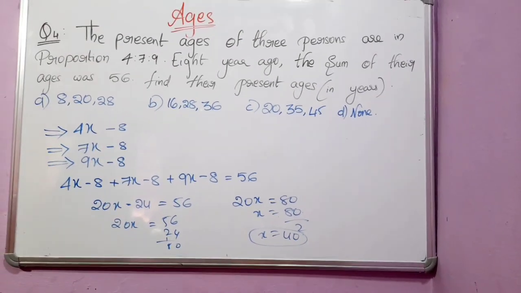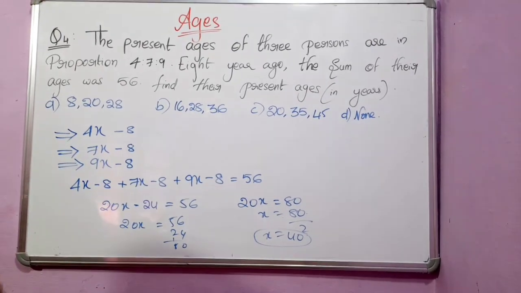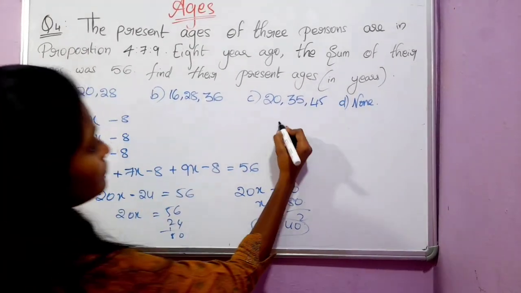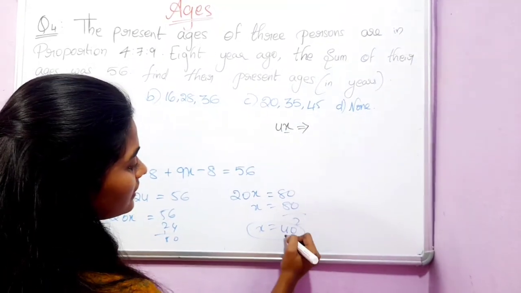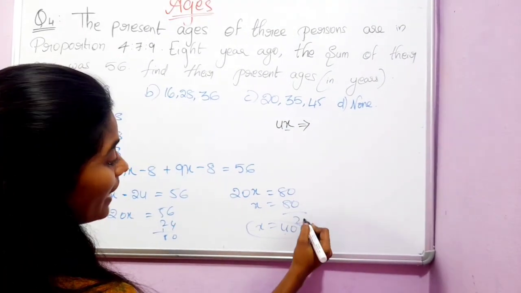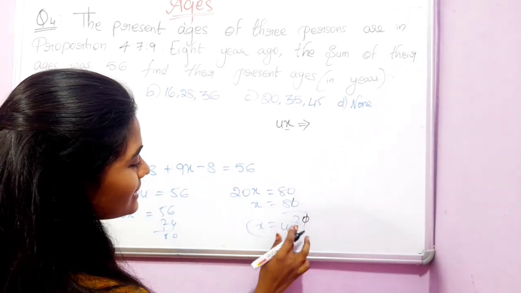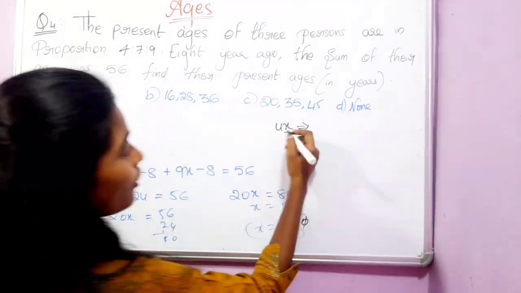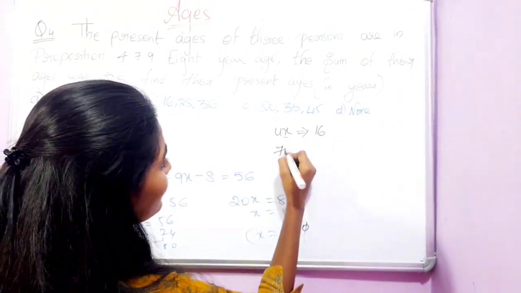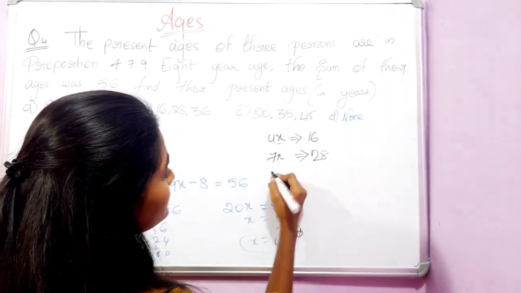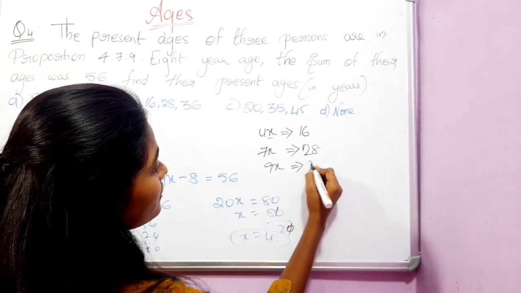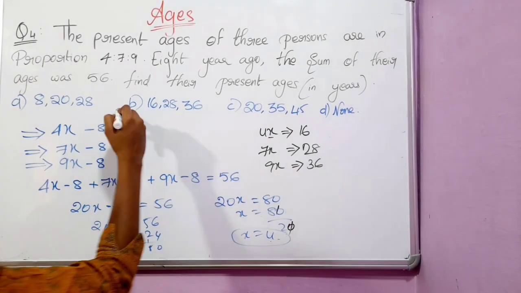And now we have to find the present ages of these persons. 4x, 4 into 4, 16. 7x, 7 4s are 28, and 9x, 9 4s are 36. The option here is B.